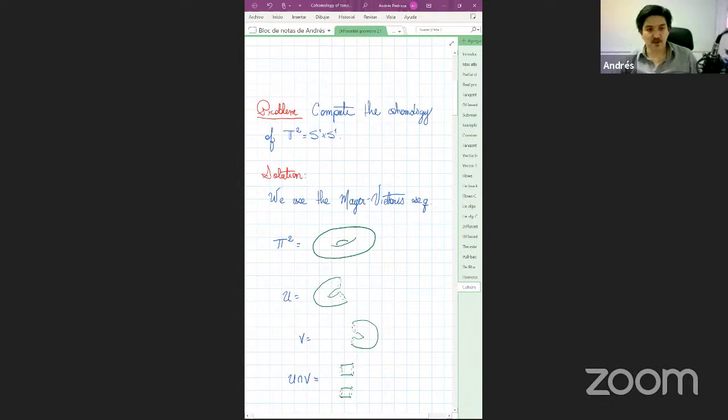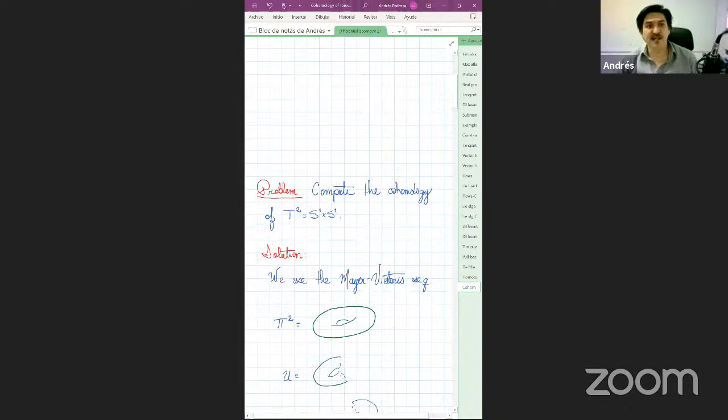two cylinders also. Now, the important thing to keep in mind is that U and V are connected, and the intersection is not connected. Prior to this example, in all of the other examples, U, V, and U intersection V were connected.